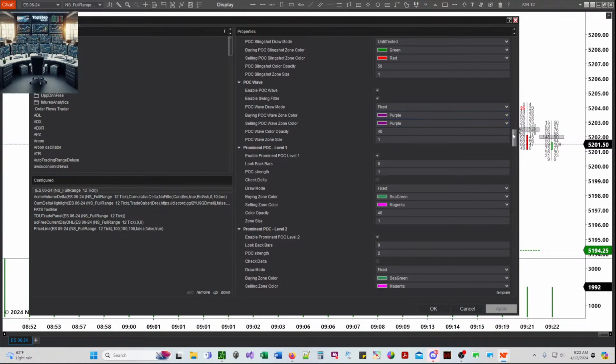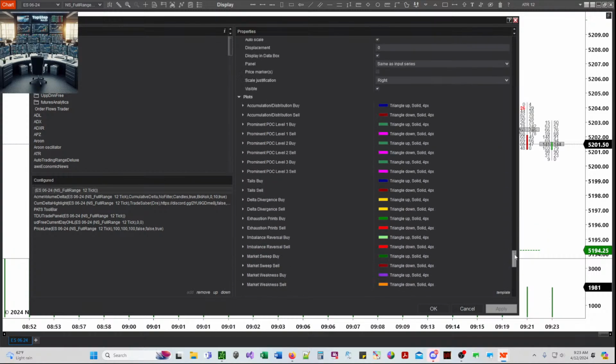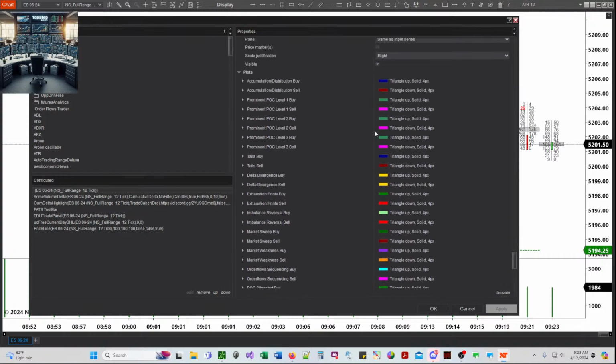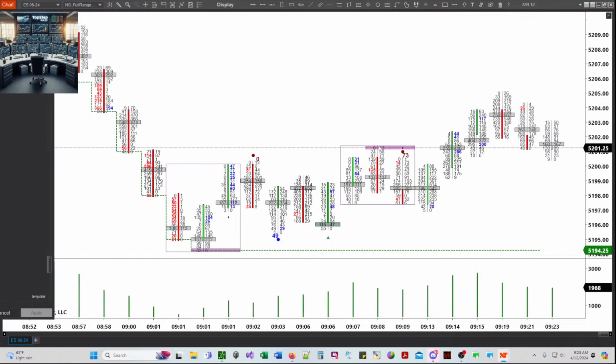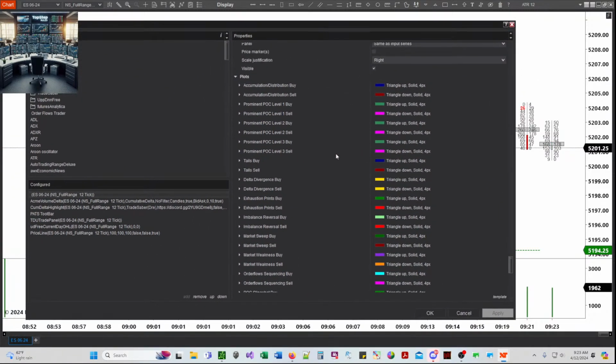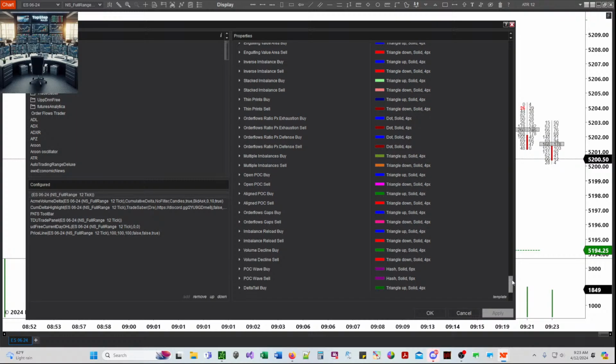Here's the thing about Mike Valto's FootPrint that I remember doing when I first started messing with it, and here's something else you guys might want to mess with. When you go down, he has a section called plots, and it has the colors of the signals. When you're looking at the plots, say the POC wave, I like looking at the POC wave.